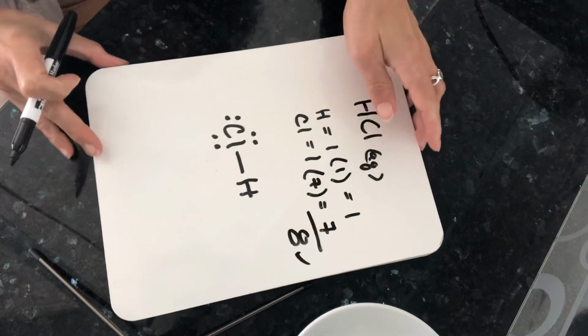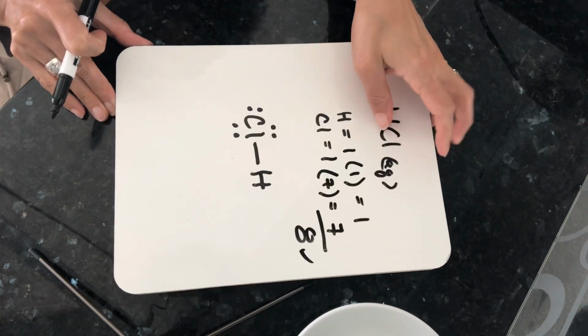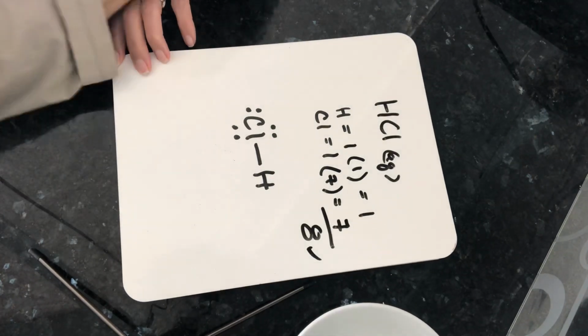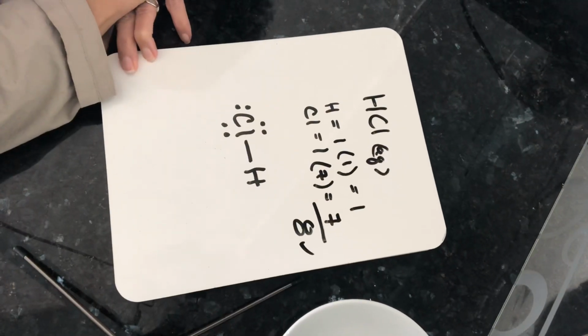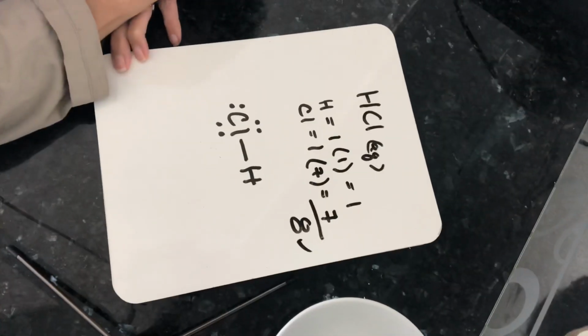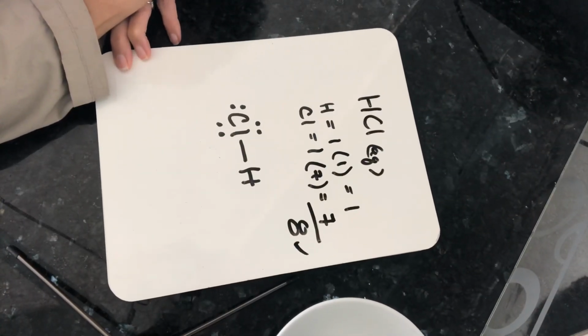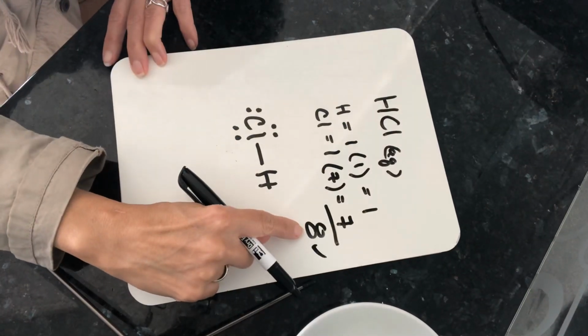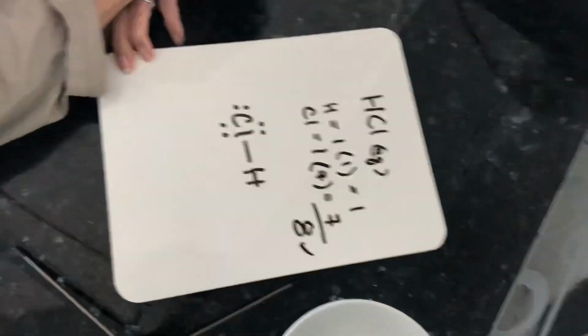Now, the next thing I want to talk about is polarity. If you look at this molecule, you can see that there is an atom that is not sharing the electrons fairly or equally. There is an atom that's a bully. There were 8 electrons that could be used to bond these two together.